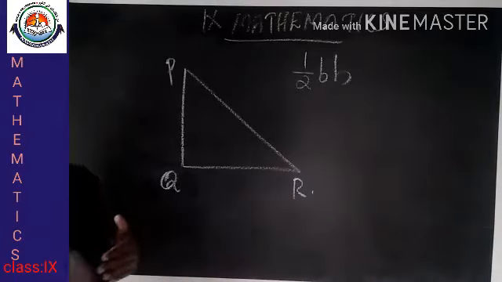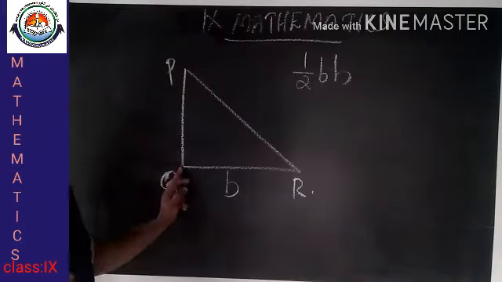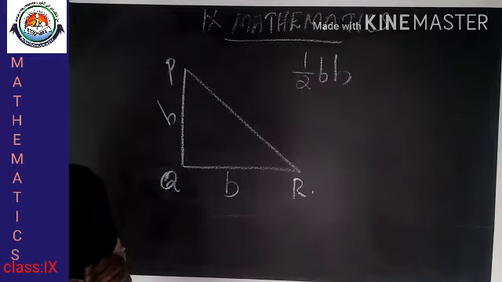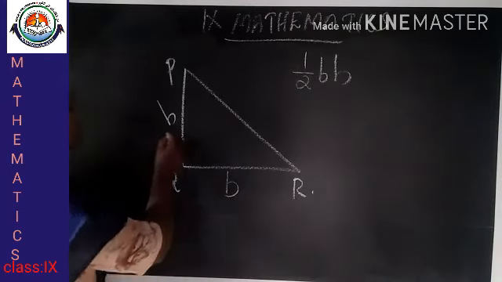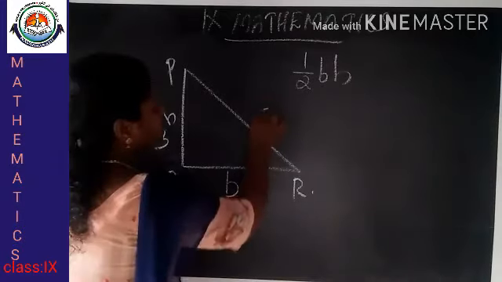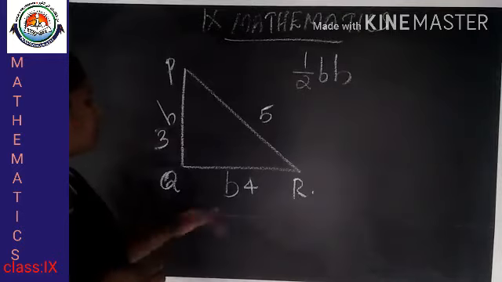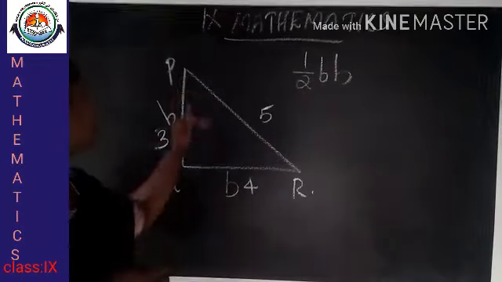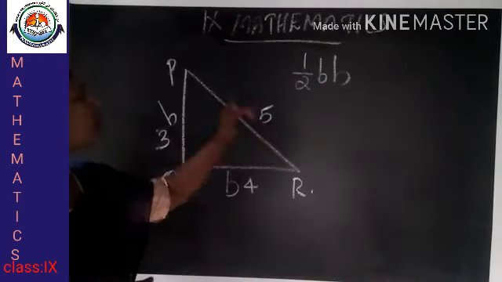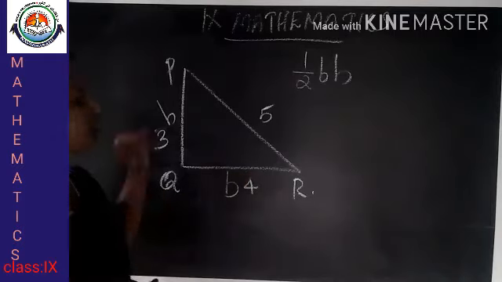We can take directly this as base and the corresponding height. Suppose it is a right angled triangle with base 4 centimeter, height 3 centimeter and hypotenuse 5 centimeter. We need only base and height.